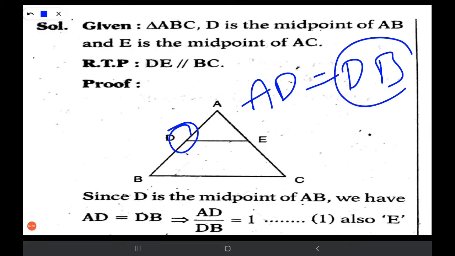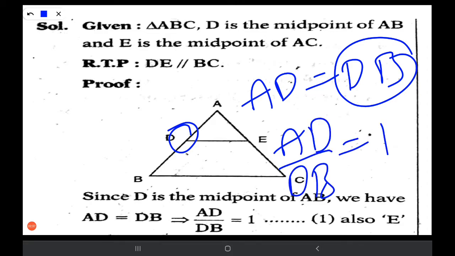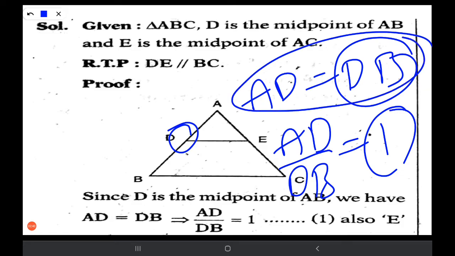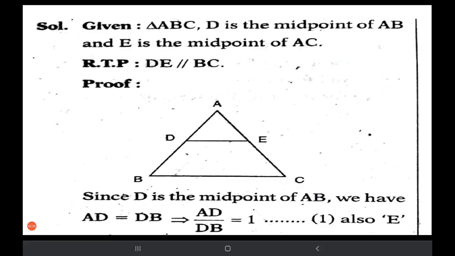If you bring this DB to the LHS, it becomes AD by DB equals 1, because DB comes to the denominator of AD and 1 remains. If you take the cross multiplication, you get AD equals DB again. So now AD by DB equals 1. This is equation 1.